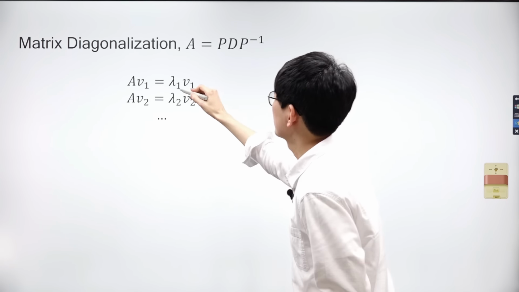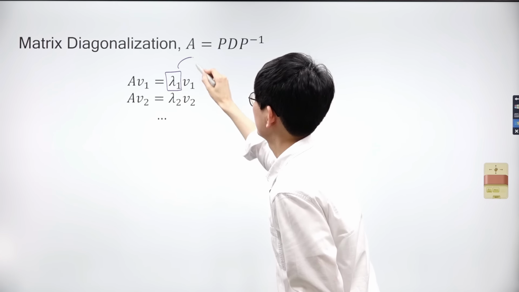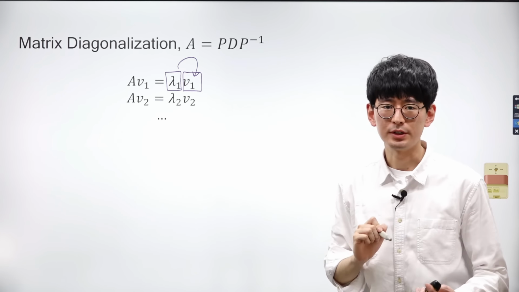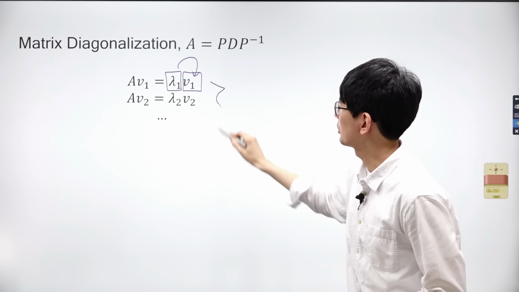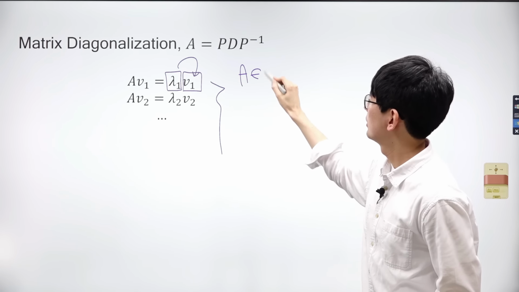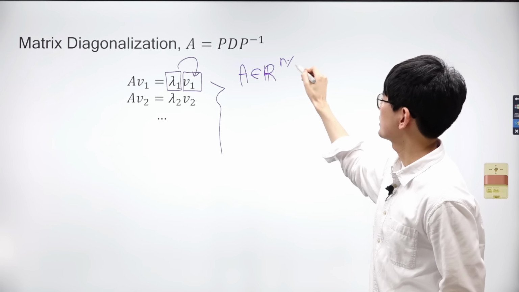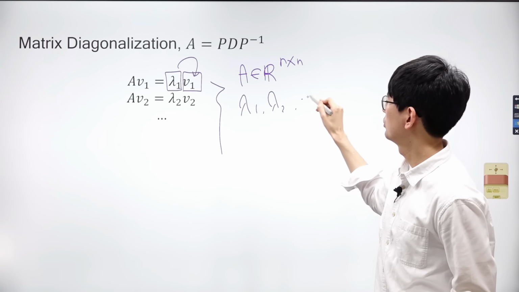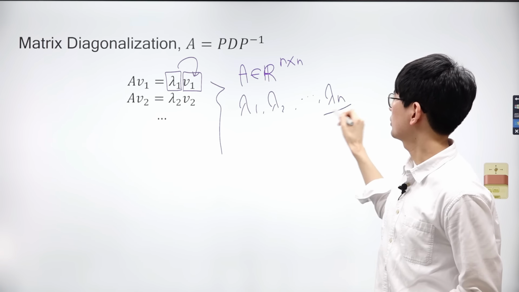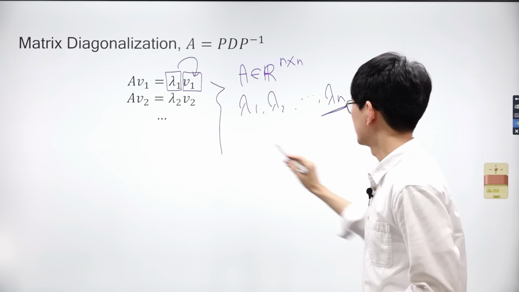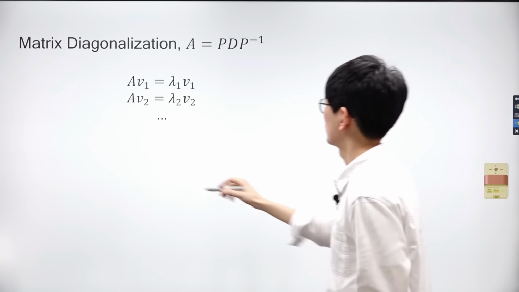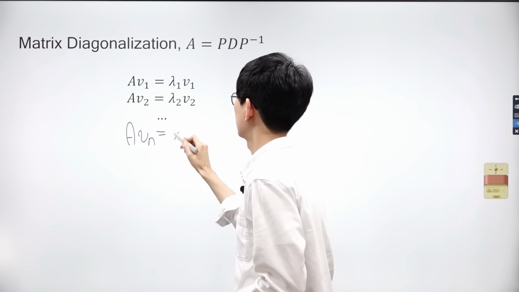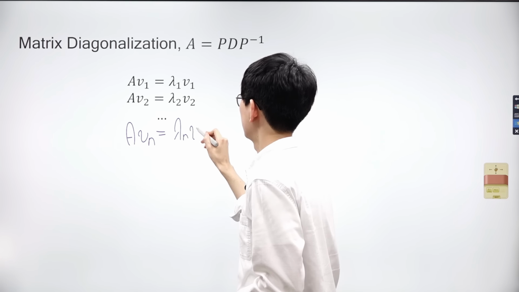For each eigenvalue of a matrix, there exists a corresponding eigenvector. If A is an n by n matrix, there can be up to n pairs of eigenvalues and eigenvectors. If Vn is an eigenvector of matrix A, then there exists an eigenvalue lambda n such that A Vn equals lambda n times Vn.